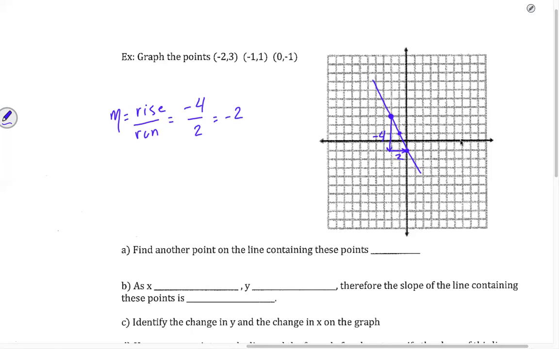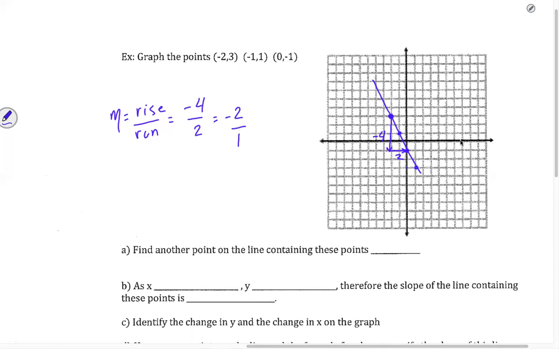So now I can start answering these questions. Find another point on the line. Well, let's keep counting down. -4 over 2. It's a set of directions, okay? And if I have a slope of -2, I can make it a set of directions by putting a 1 under. And that would tell me I could go down 2 and to the right 1. Look at that. That point's on my line. What is it?